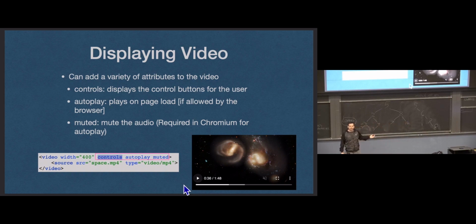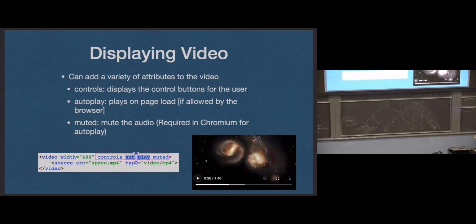Autoplay and muted are exactly what they sound like, but autoplay is blocked. I was going to say doesn't work, but is blocked by some browsers in some circumstances. Different browsers do different things because they want to enforce a better user experience. So for example, in Chromium-based browsers, if you use autoplay, you have to also have it muted. So if you're not muted and you try to say autoplay, Chromium will say, you know what's really annoying?